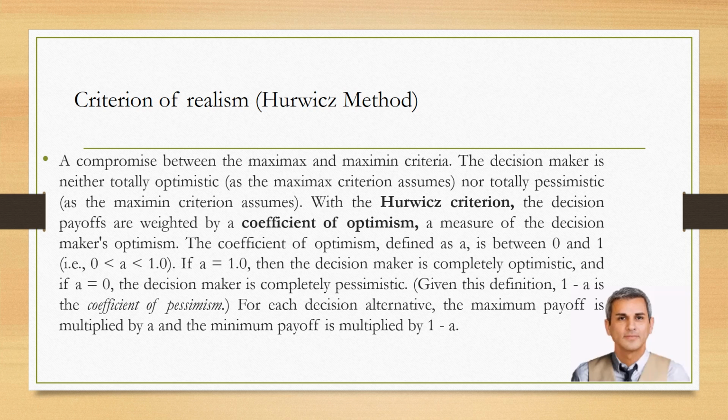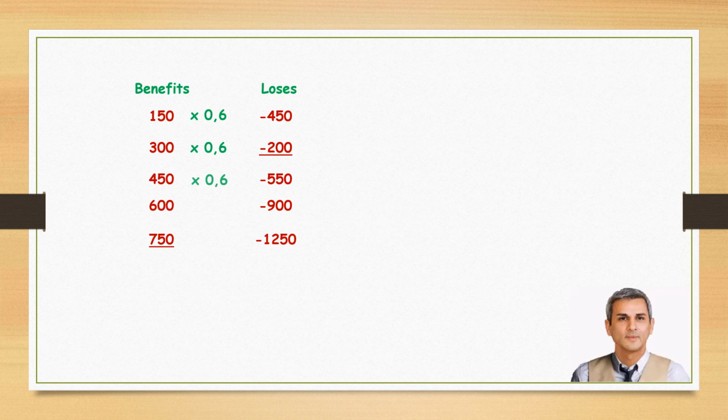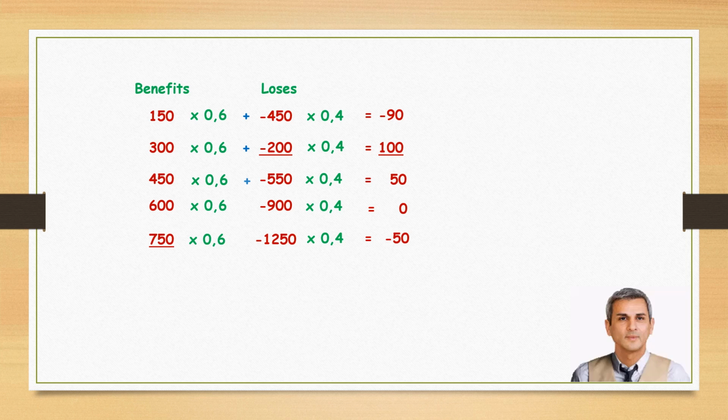For each decision alternative, the maximum payoff is multiplied by alpha and the minimum payoff is multiplied by 1 minus alpha. For our example, if alpha equals 0.6, that is, the company is slightly optimistic, and 1 minus alpha equals 0.4, the following decision will result.